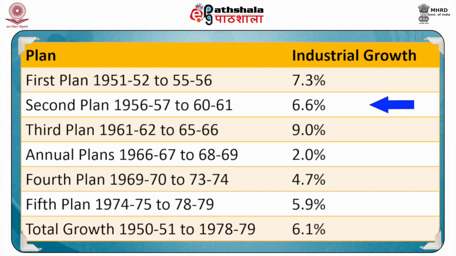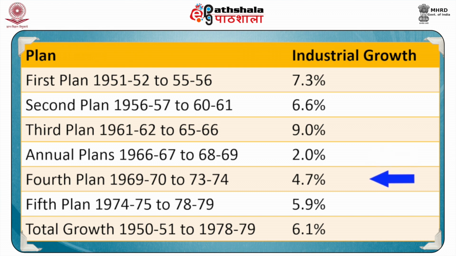Second plan ranging from 1956-57 to 1960-61, the industrial growth was 6.6%. Third plan ranging from 1961-62 to 1965-66, the industrial growth was 9%. Annual plans from 1966-67 to 1968-69, the industrial growth was 2%.